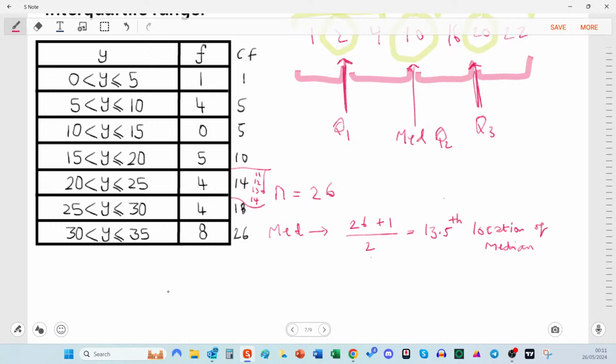So if we draw it on a line like this, where we had 10 to begin, the 10th person was the end of that last one, and the 14th person there, we've gone in to the 13.5th person. So in terms of the proportion of what this has taken up, it's taken up 3.5, because that distance there is 3.5, out of the total, which is 4.